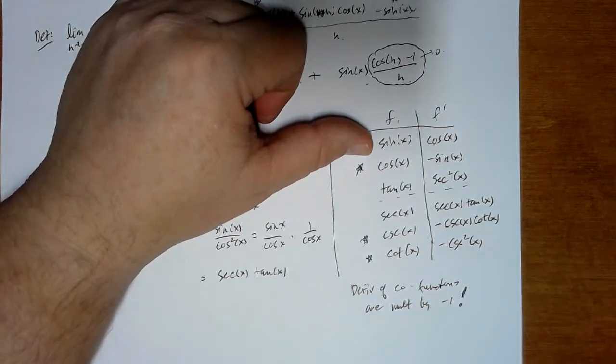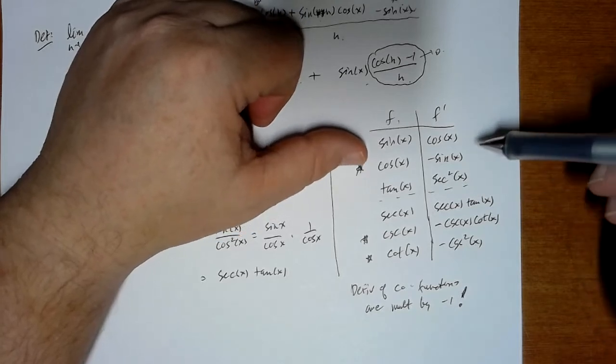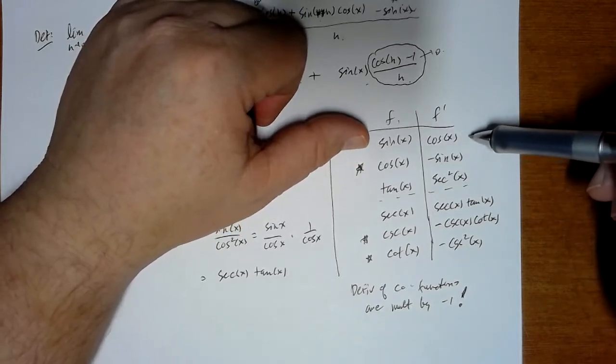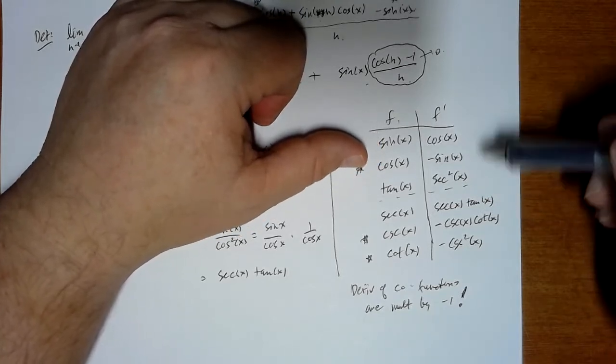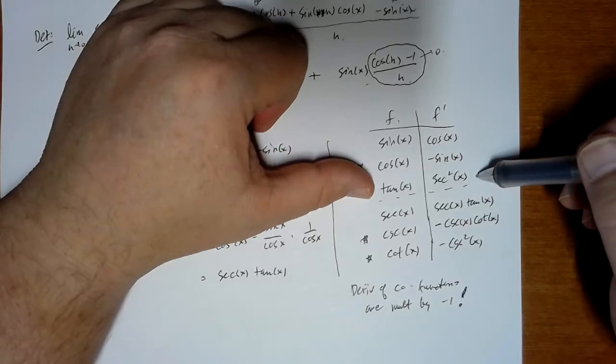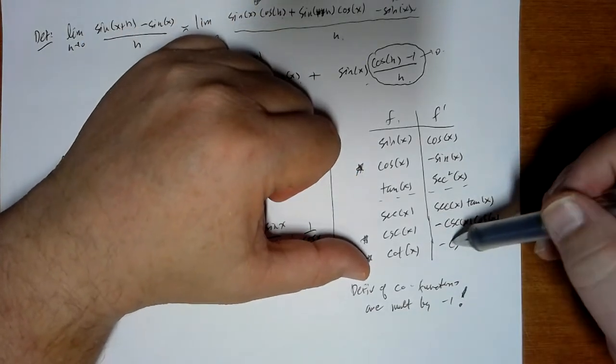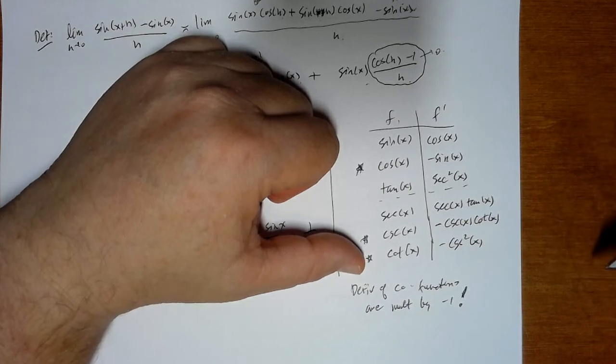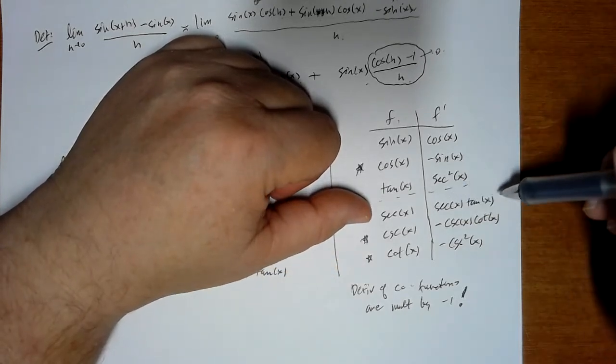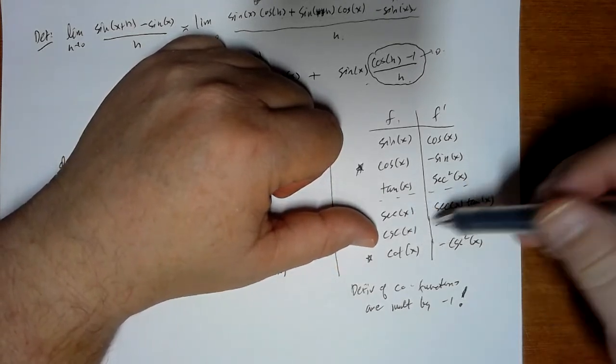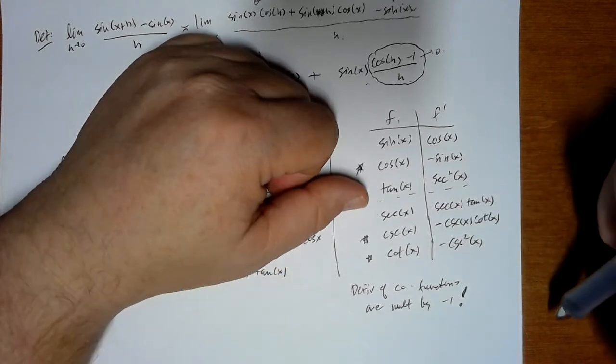Okay. Notice that the derivative of tangent is secant squared, derivative of cotangent is minus cosecant squared, right? Derivative of secant is secant tangent, derivative of cosecant is minus cosecant cotangent.